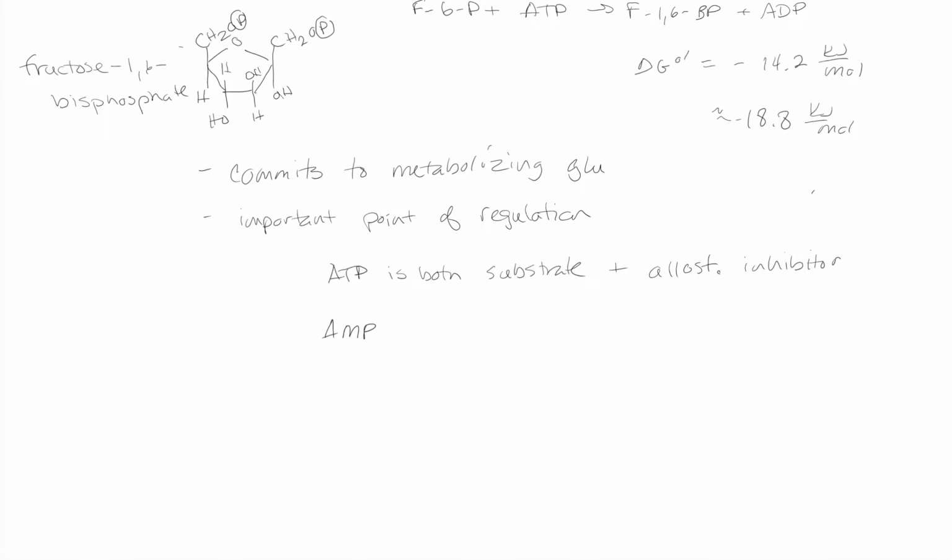So we know that ADP plus ADP can reversibly convert to ATP plus AMP via the reaction adenylate cyclase.